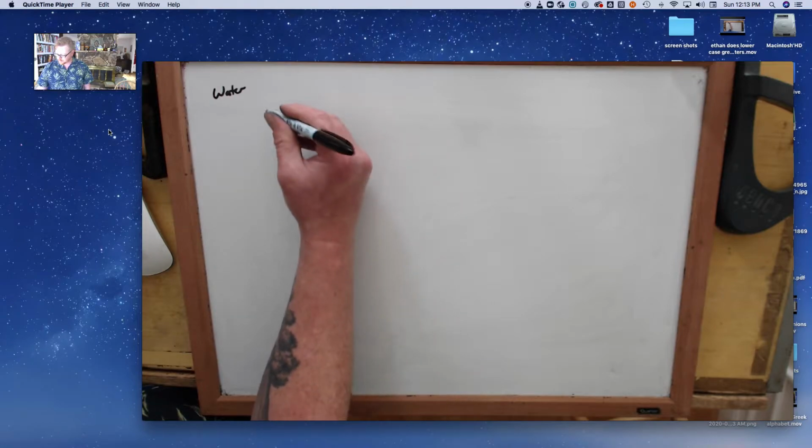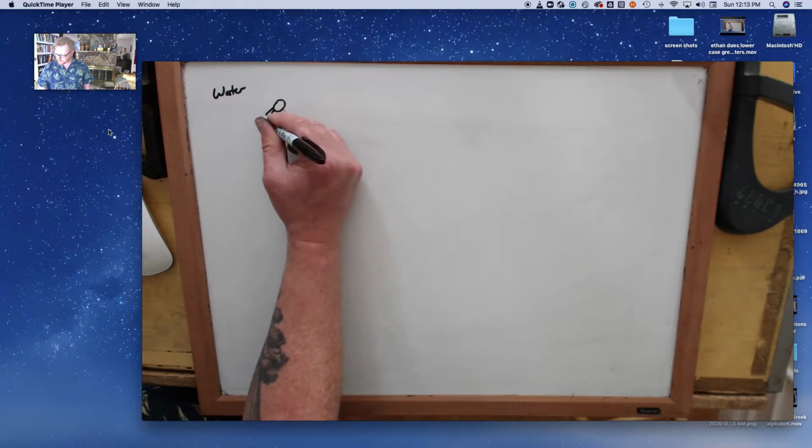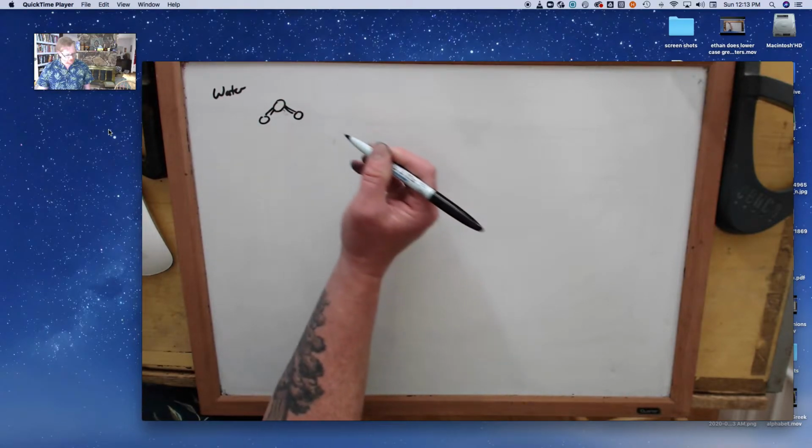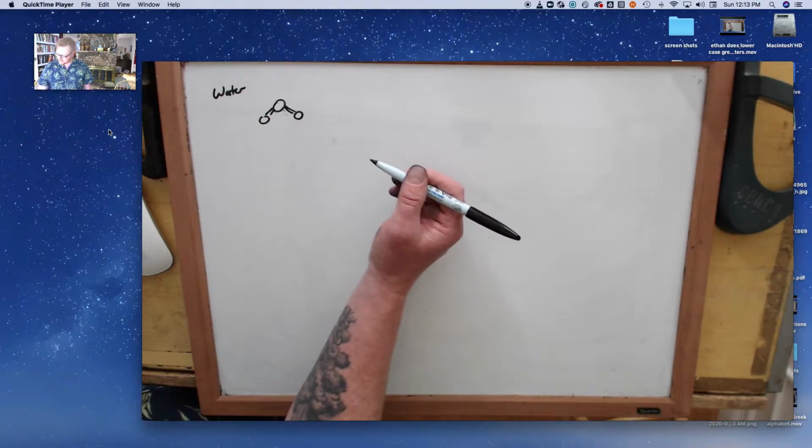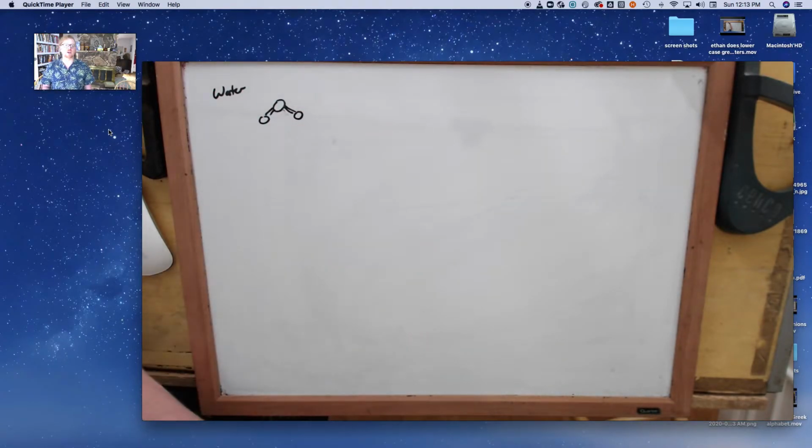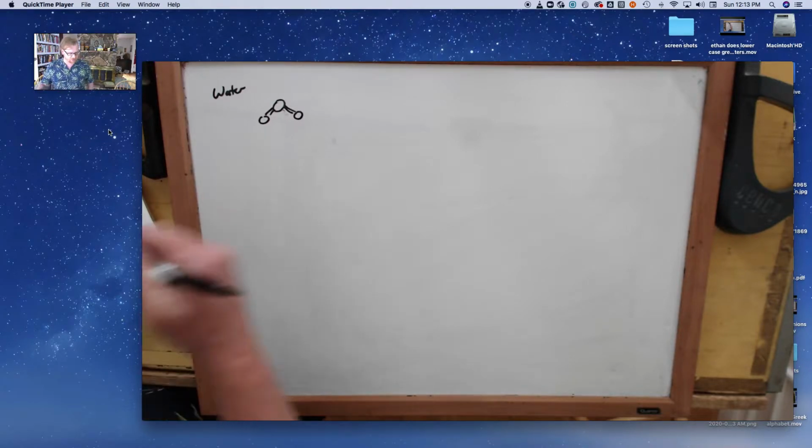Okay, and if I draw a cartoon water molecule here, there are 3 stretches, and these stretches and bends are based on the relative motions of atoms to each other.